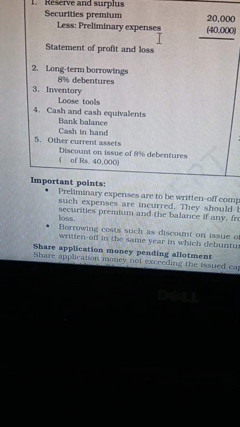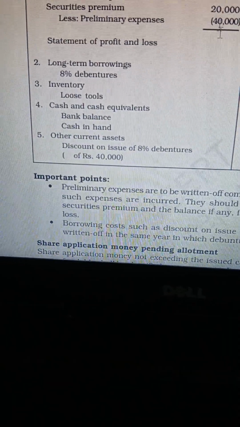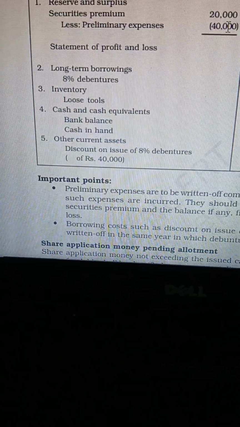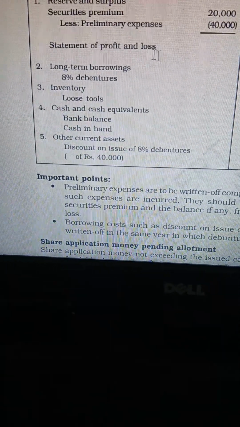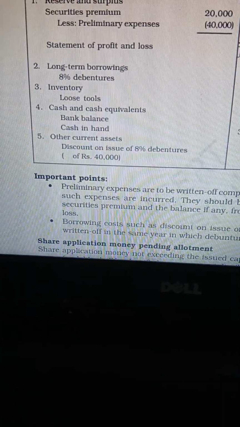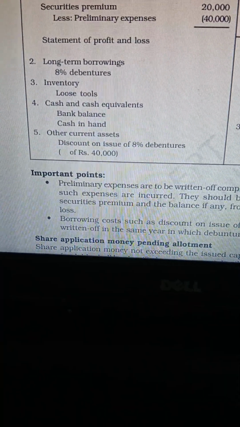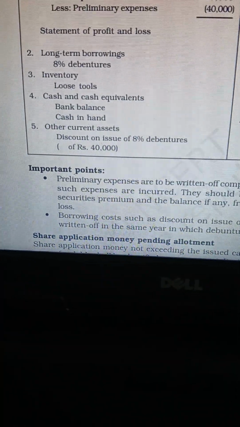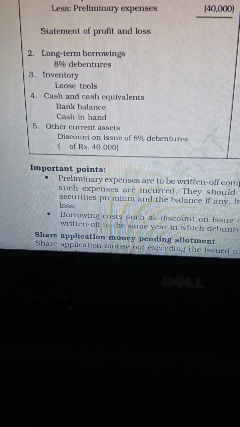Here the preliminary expenses is more than the securities premium. So when reduced, the amount of preliminary expenses will be 40,000 minus 20,000, 20,000. Then this 20,000 has to be written off from the statement of profit and loss. So we have to reduce it. This statement of profit and loss amount is 1,50,000. By reducing 20,000 from 1,50,000, the amount will be 1,30,000. That will be shown in the net amount column.